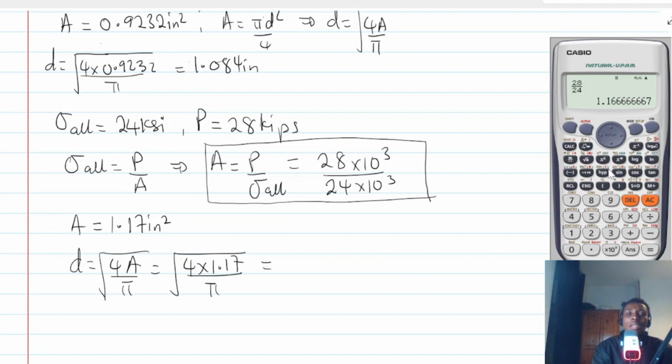This gives 1.22. So that is the required diameter, 1.22 inch. So this problem has been solved.